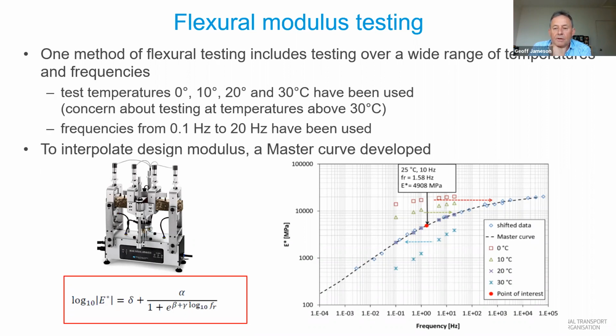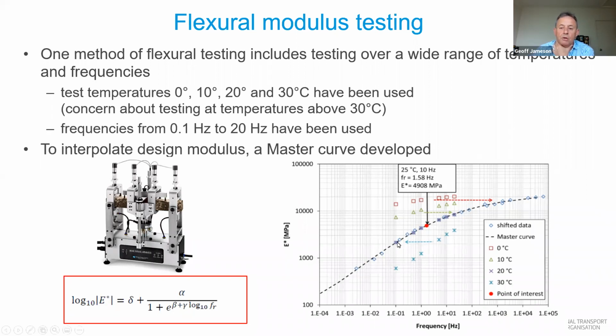And to utilise those results for any temperature and for any rate of loading, there's a process available where you can interpolate the modulus from what's called a master curve, which takes the form of the relationship shown on the slide here.